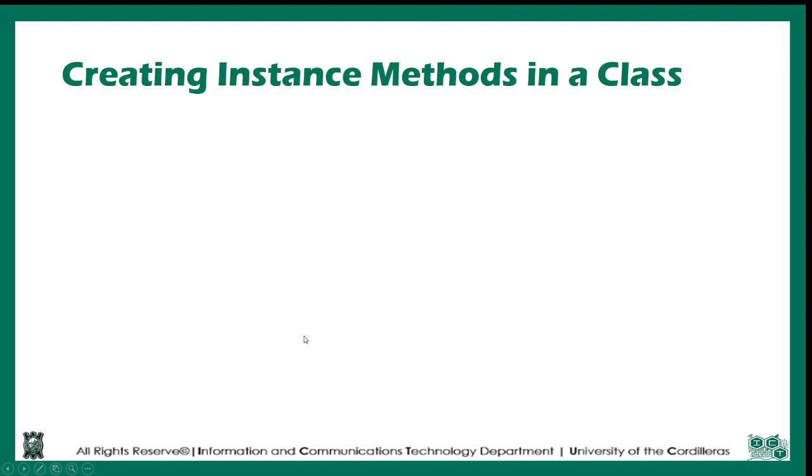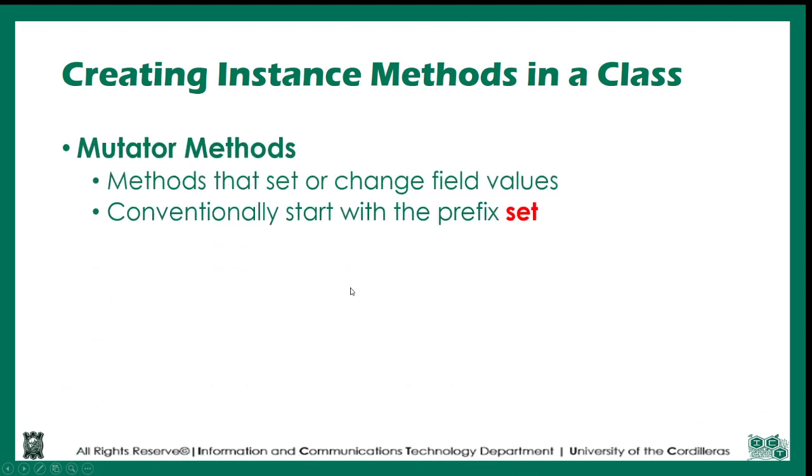Creating instance methods in a class, we have two different concepts that you have to remember. First of all is what we call the mutator methods. When I say mutator methods, I am referring to the set methods. Set methods are usually used to change field values.